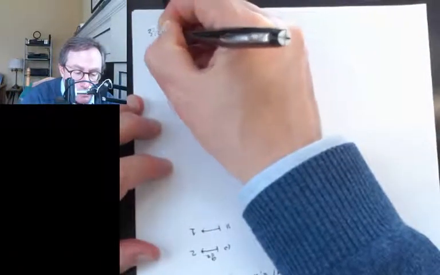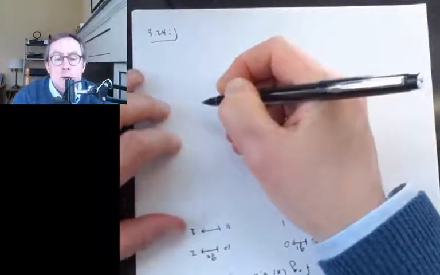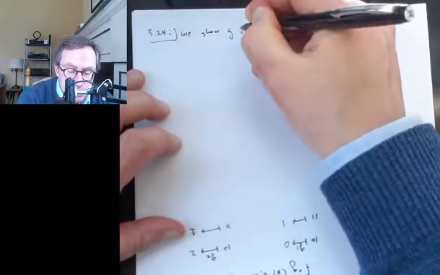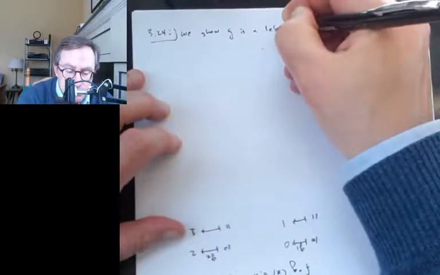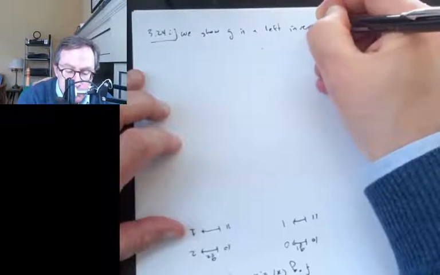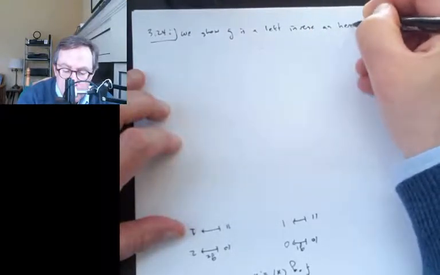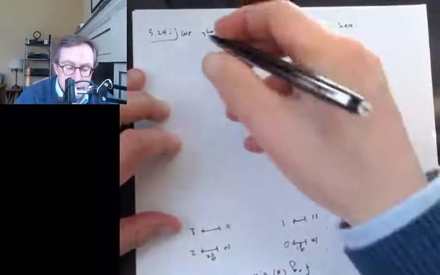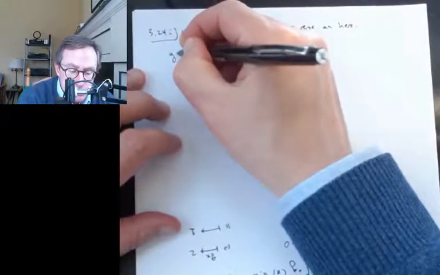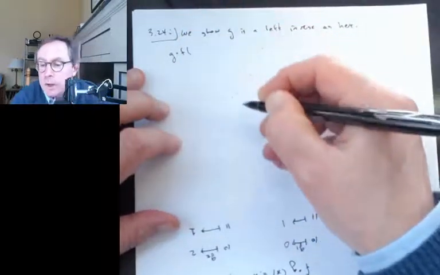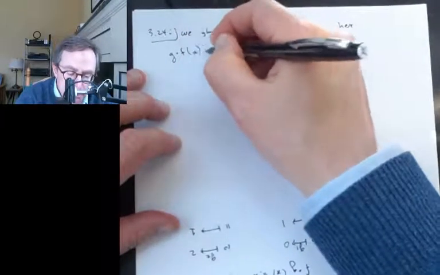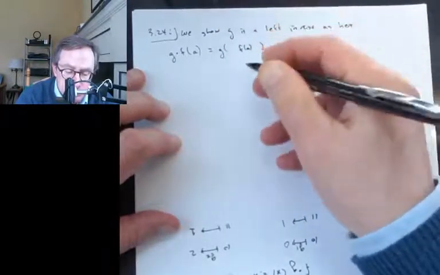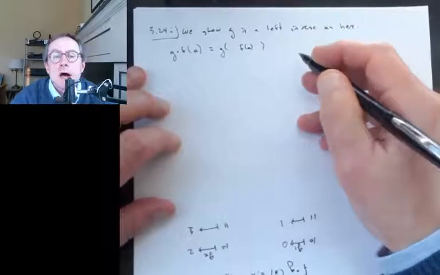3.24 Roman 1 is that we have to show G is a left inverse, and then in a second I'm going to show G is a right inverse. So G is a left inverse. I have to say G circle F of what letter is used? a. And that's G of F of a. I just put in some space to help a person's eye get used to it.